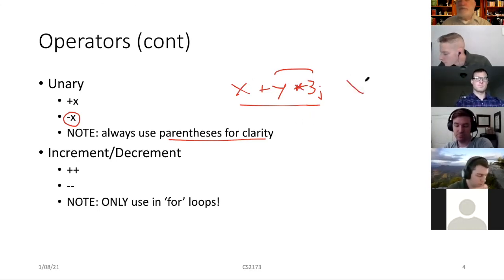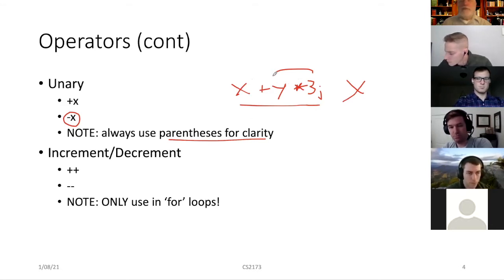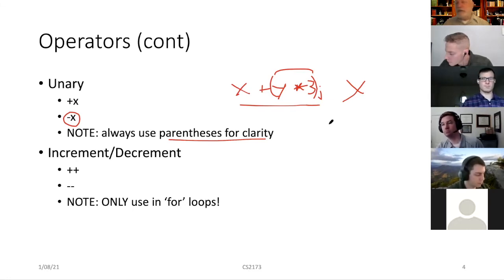But this is extremely bad form. What I should do is this, because this makes it clear what my intent is. In other words, in any arithmetic expression, never rely on precedence. Always put parentheses to make it absolutely clear.